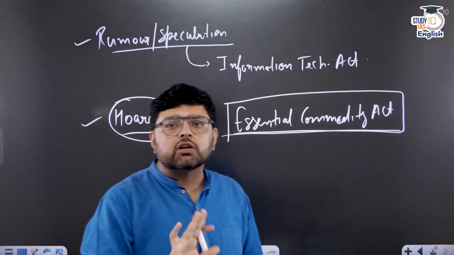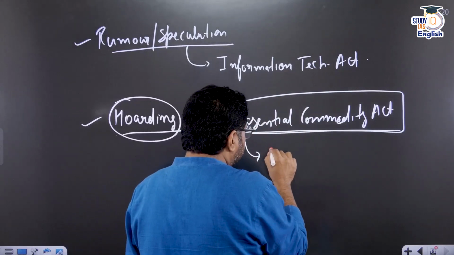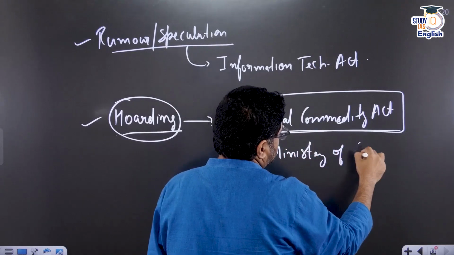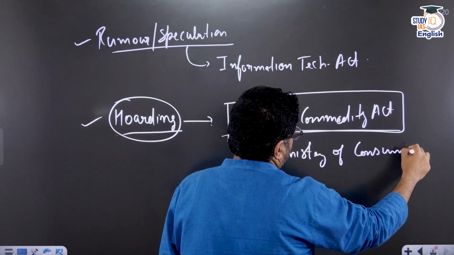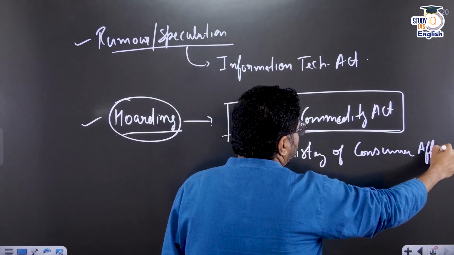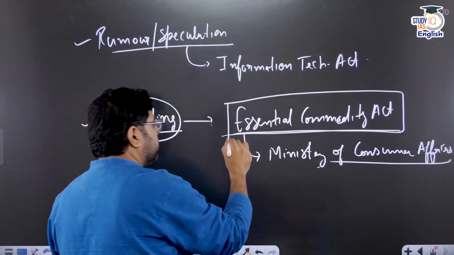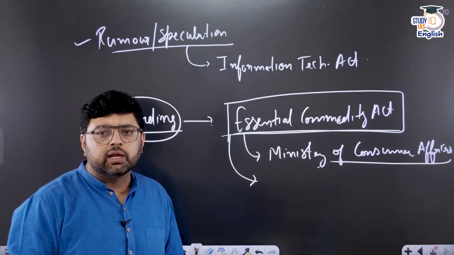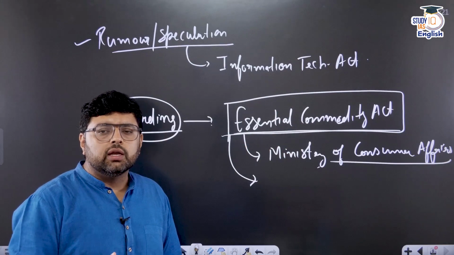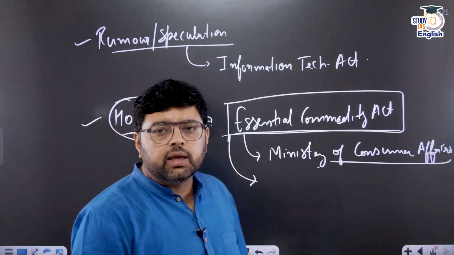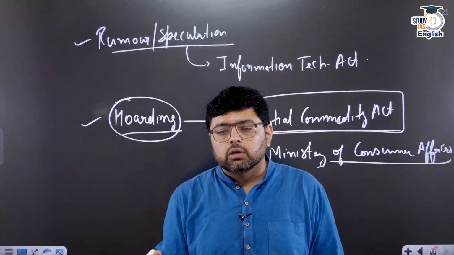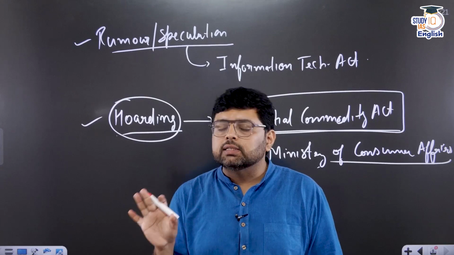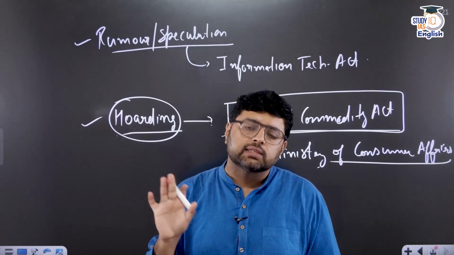Now this Essential Commodity Act is implemented by the Ministry of Consumer Affairs. Here you have to remember one thing: if in future anyone is opening a grocery store, there is no doubt that grocery stores are selling essential products.